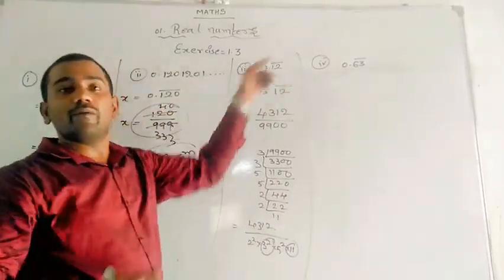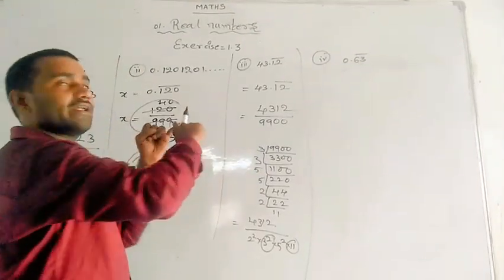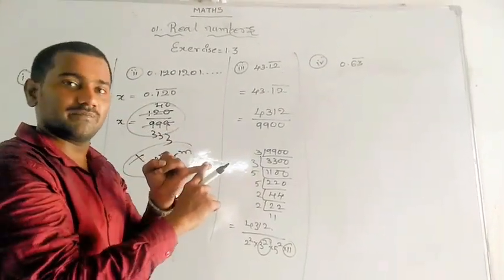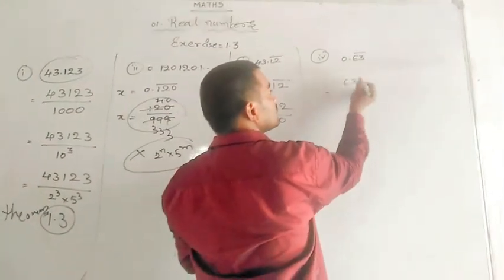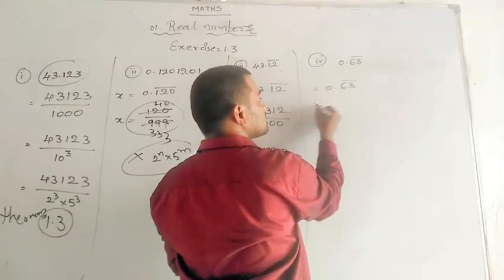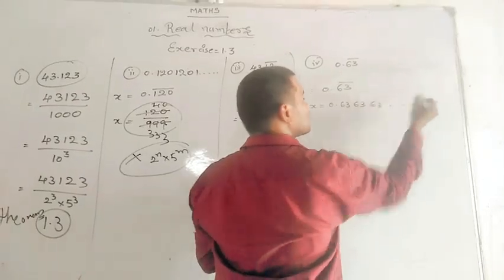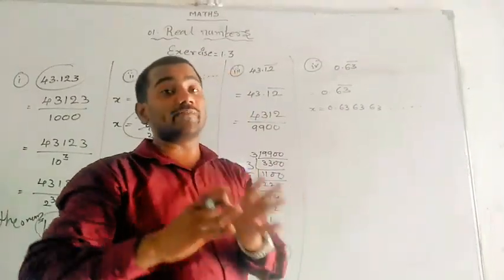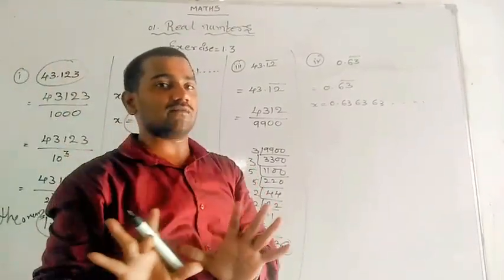Bar numbers are non-terminating repeating numbers. This is also a non-terminating repeating decimal number. So here 63 by... 0.63 bar, that means x equals 0.636363 continuously.